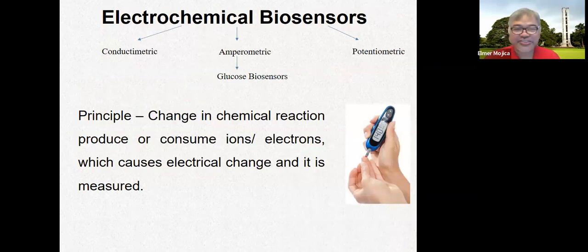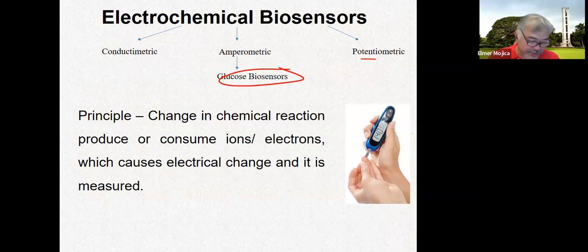Now let's go to this one, the electrochemical biosensors. So it can be conductimetric, amperometric, which is the basis of your glucose biosensor, or potentiometric.